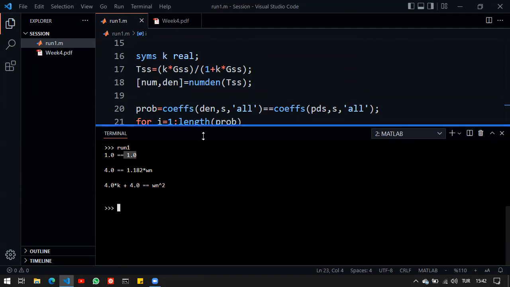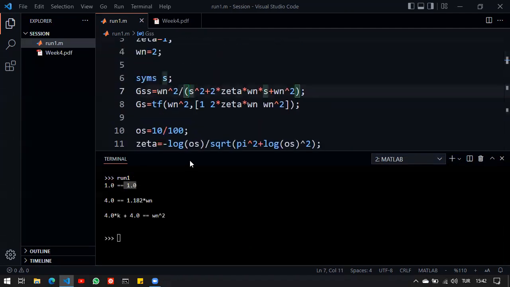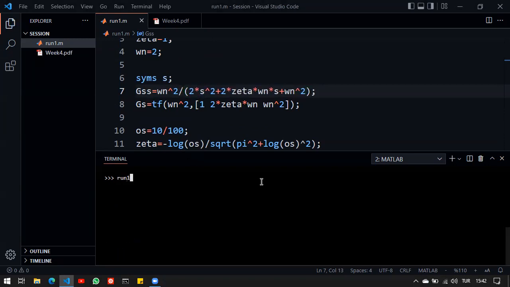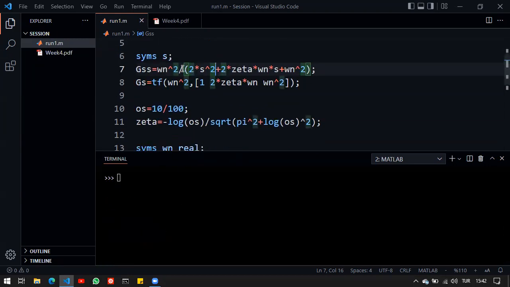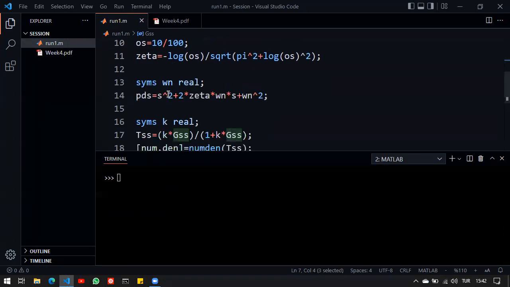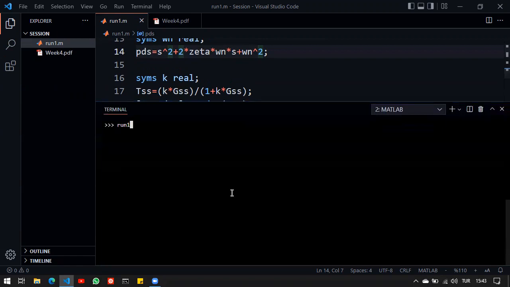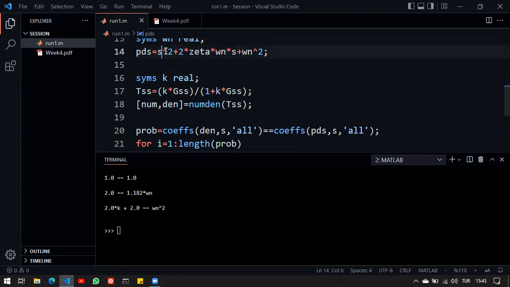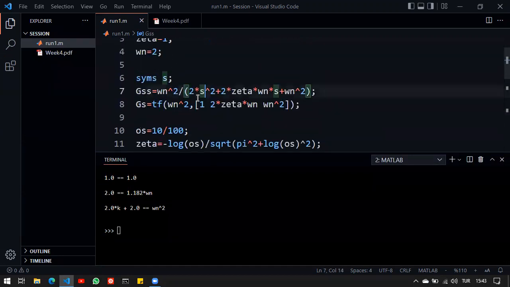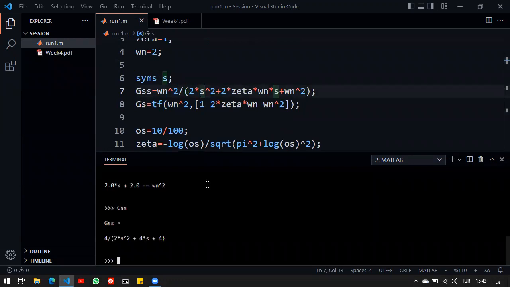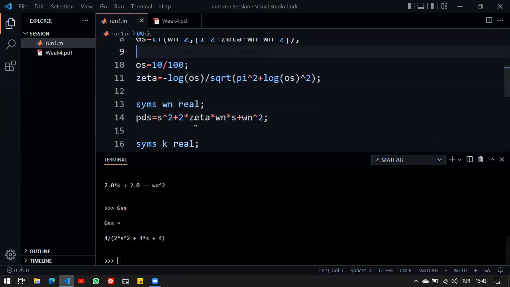And the reason for that would be the following. For example, let me plug in 2 times s squared here. So if I run it again, let me see, GSS, PDS, yeah, that should be no problem. So GSS, 4 times this, okay.